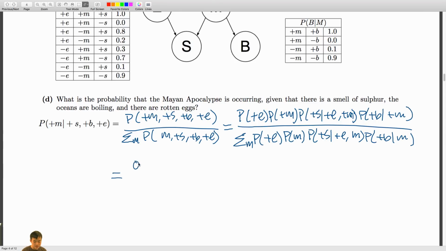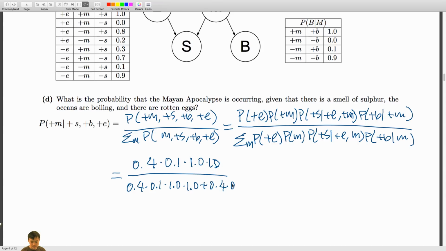We get 0.4 times 0.1 times 1.0 times 1.0 over 0.4 times 0.1 times 1.0 times 1.0 plus 0.4 times 0.9 times 0.8 times 0.1. This eventually comes out to be equal to 0.581.